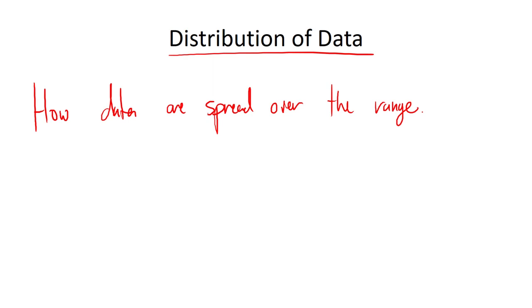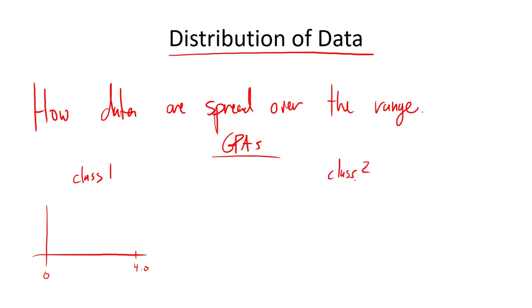So let's say that you look at the GPA distribution of 2 different classes, right? So the classes go from 0 to 4.0, okay? And then you look at another class, they're also from 0 to 4.0, right?